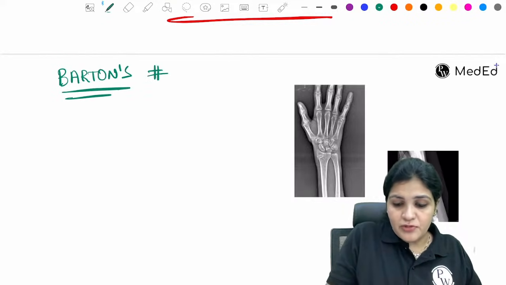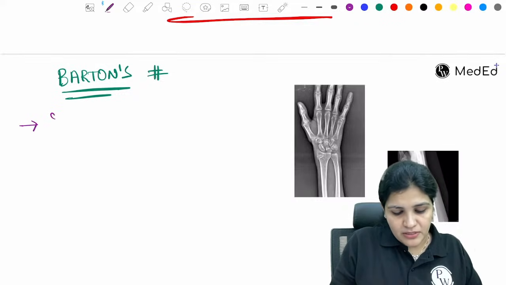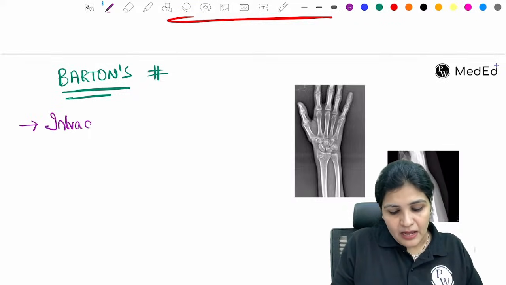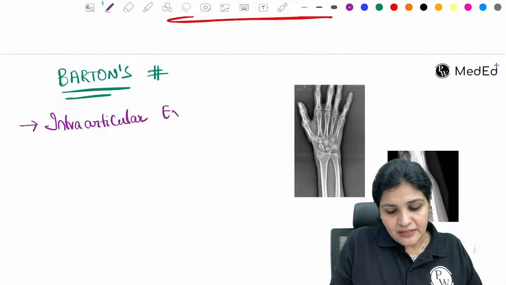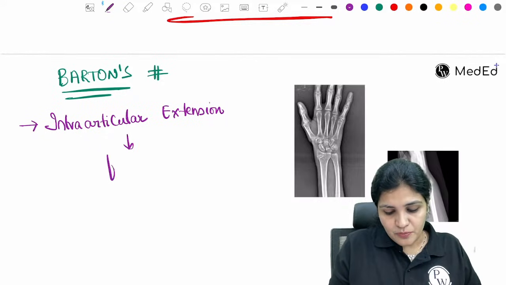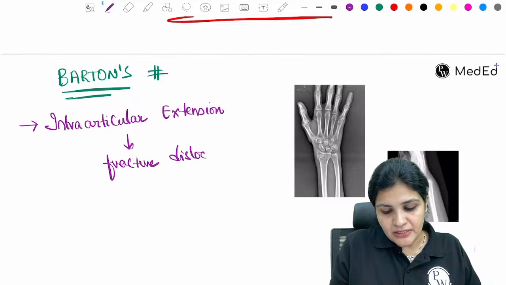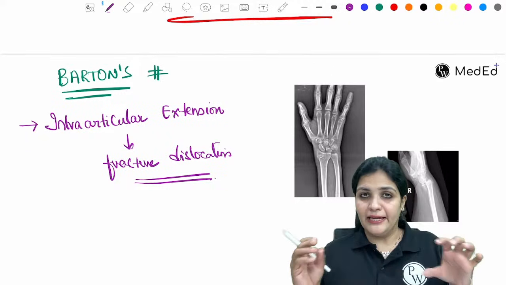Now this becomes a very, very important fracture because this has an intra-articular extension. So whenever there is a distal radius fracture with intra-articular extension, which means this is sometimes a fracture dislocation, that means the wrist joint is involved.